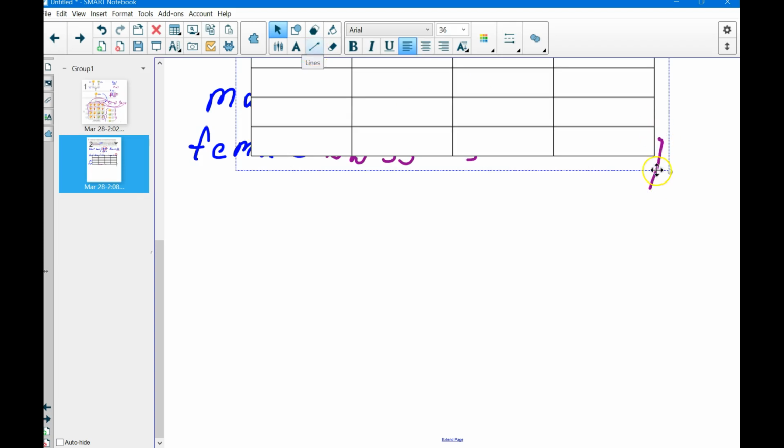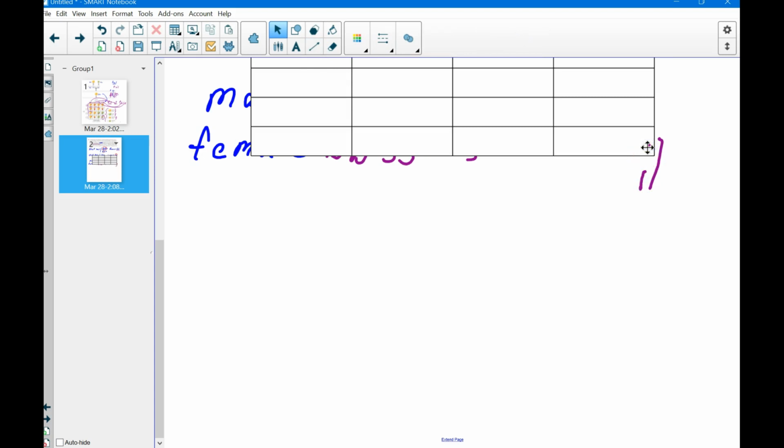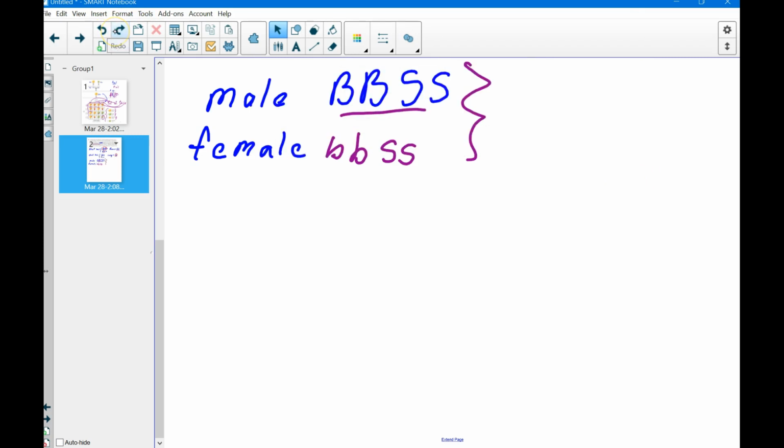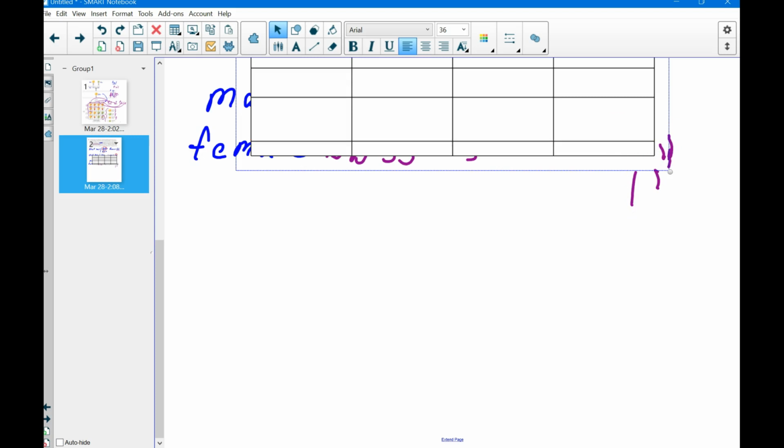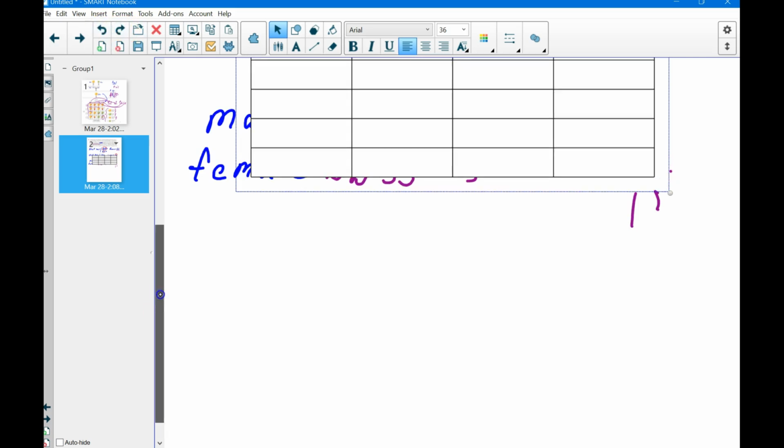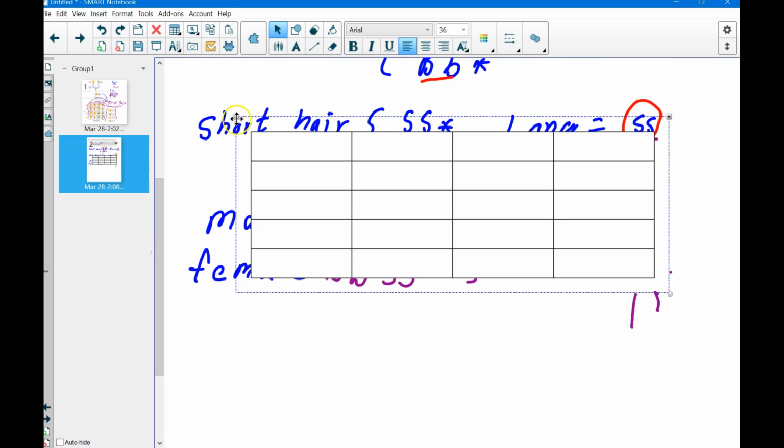Oops, my bad. This thing can be tedious. I'm trying to grab it and move it down. Hang on a second. Maybe I can do this.